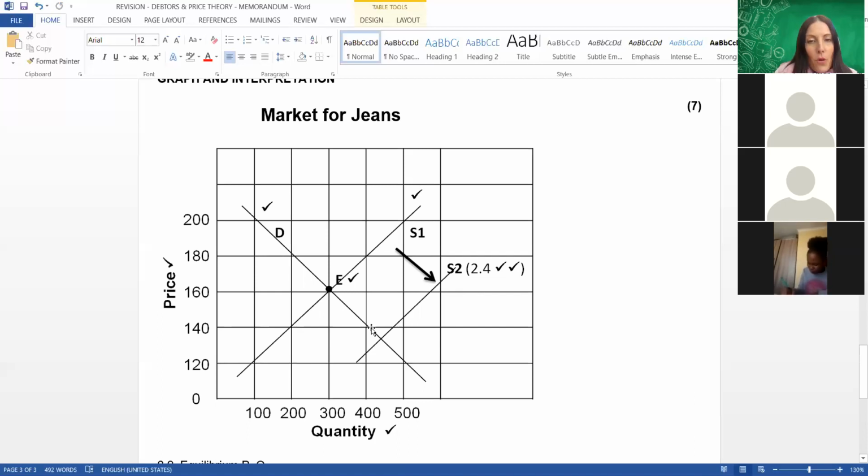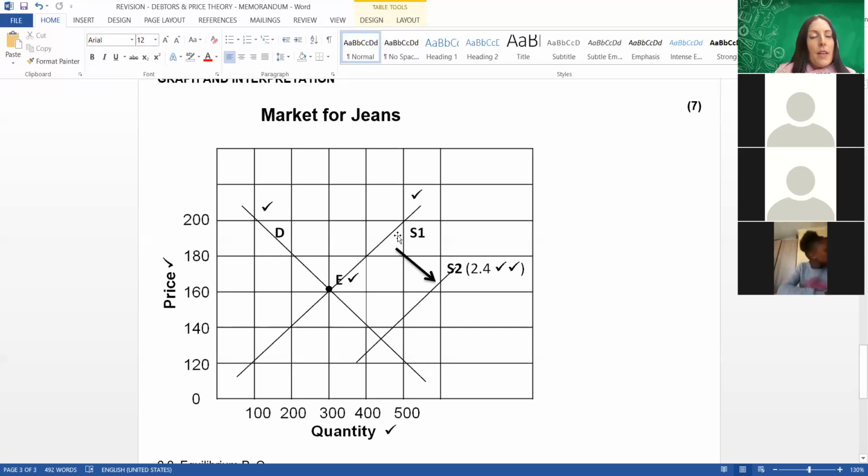At 140, they demanded 400. At 160, they demanded 300, at 180, 200, and at 200 rand only 100 jeans. So that's our demand curve. I'd like you to write D here and D over here, but if you indicated demand, that's perfectly fine. You can give yourself 1 mark.